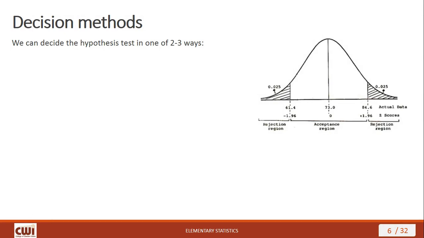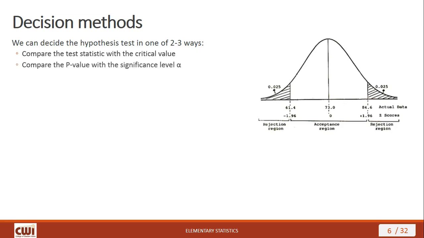There are basically a couple of different ways that we can decide our hypothesis test. One way is to compare the test statistic with the critical value. Another way is to compare the p-value with the significance level alpha. So notice we're comparing apples with apples. The test statistic and the critical value are both horizontal values. They're horizontal axis values for your distribution.